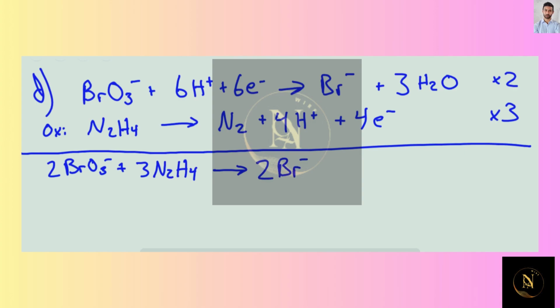We have 2Br minus plus 3N2 and 6H2O. Now our oxidizing agent is the species being reduced, which is this bromate. So this is the oxidizing agent. And then the nitrogen from the N2H4 will be our reducing agent.